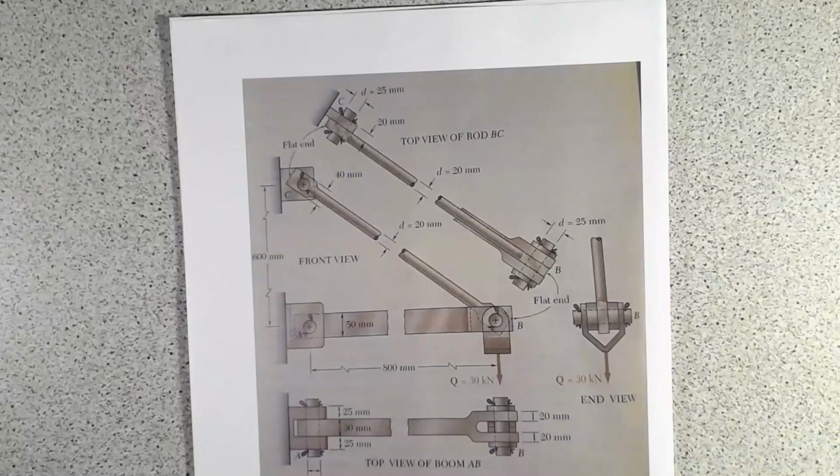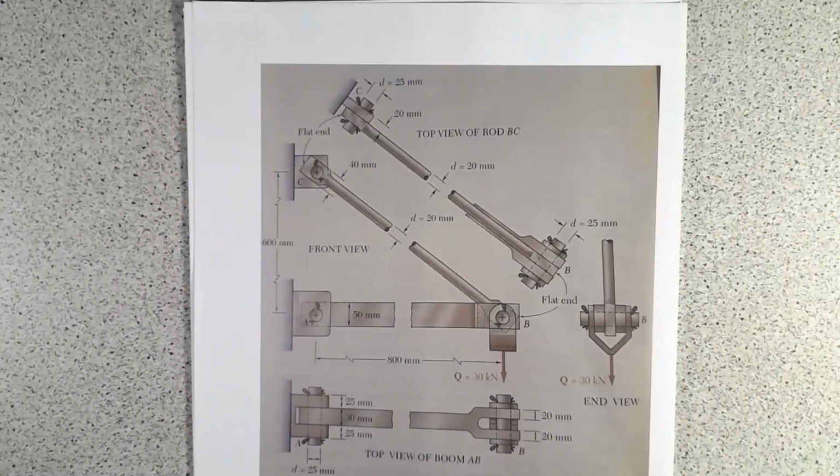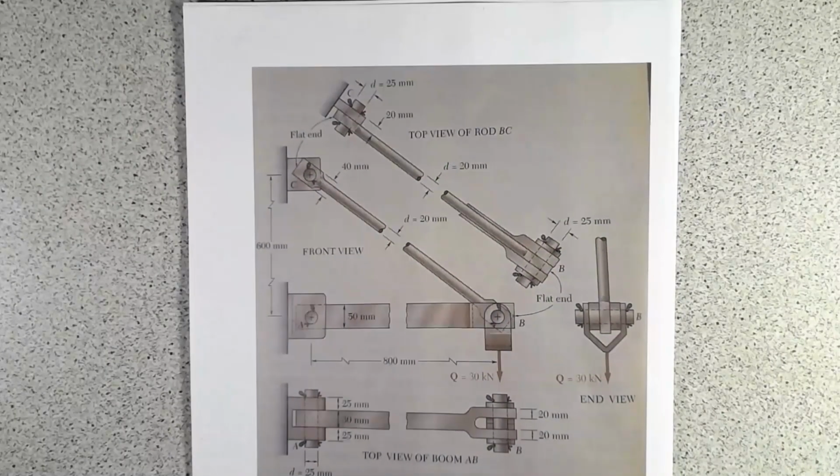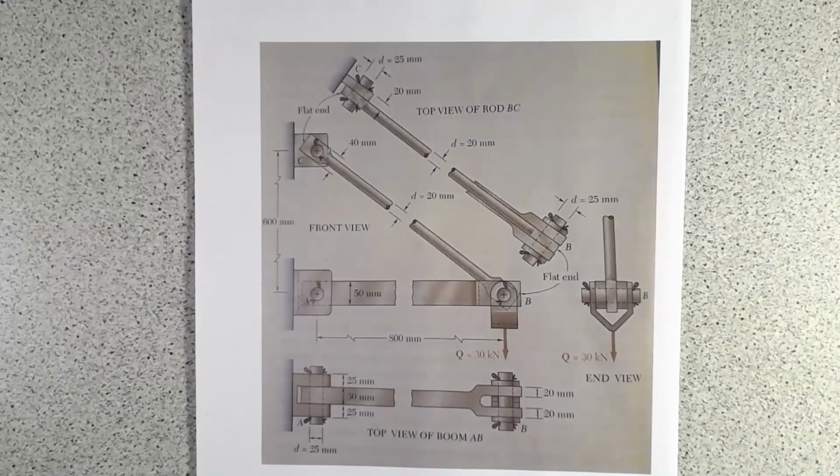It's also useful for things like bearing stresses or shear stresses in bolts and pins. Keep in mind that average stress is an approximation, but for a lot of applications, it's quite a good approximation.